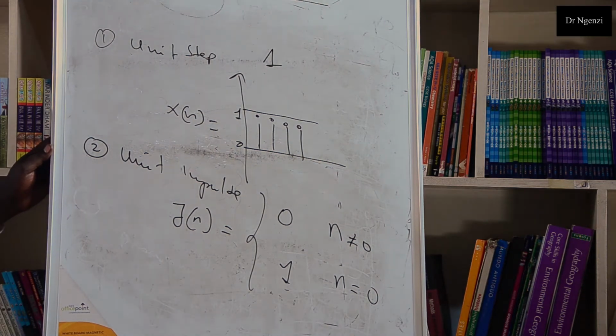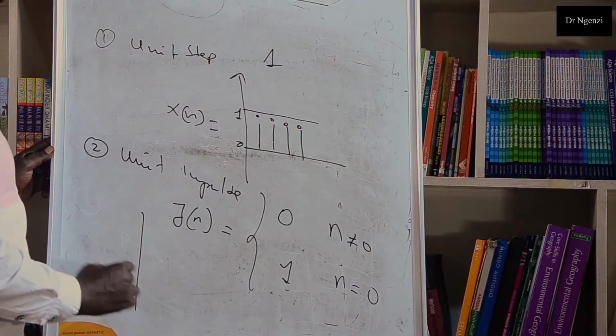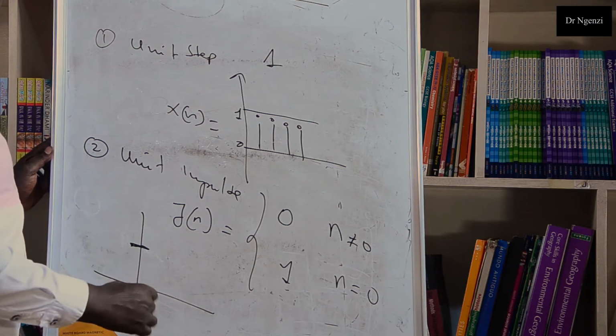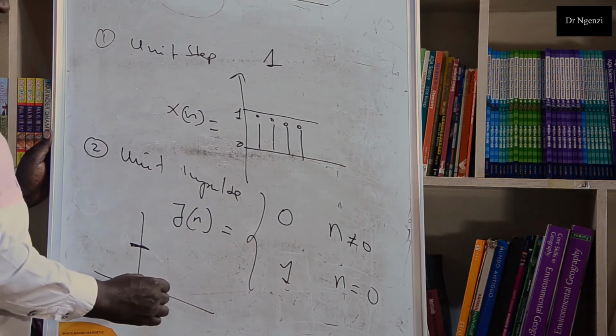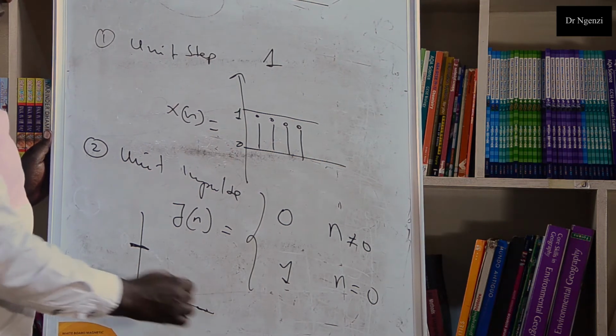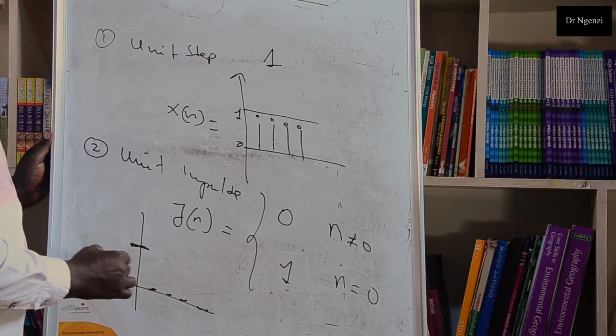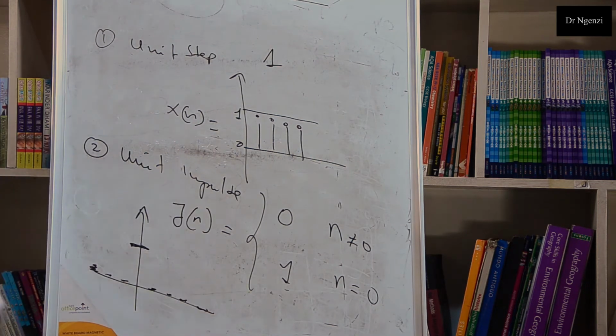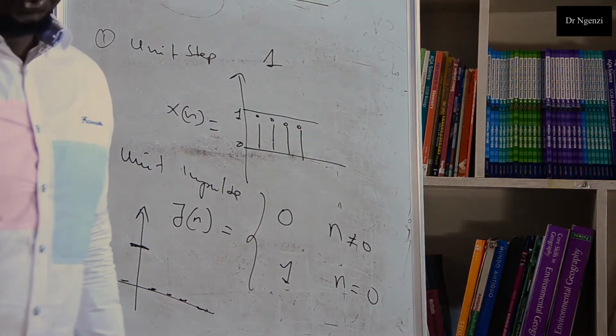So this is a signal that has a unit impulse, and it can be on the negative side like that. So a function can be shown in that way.